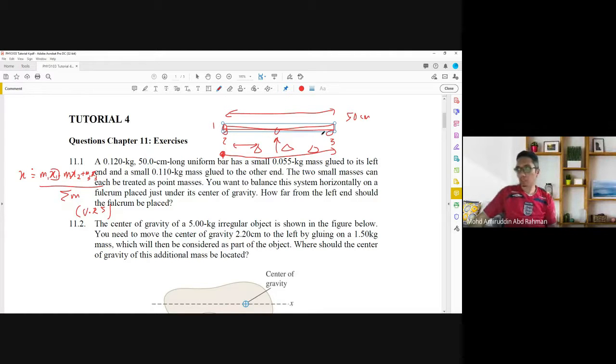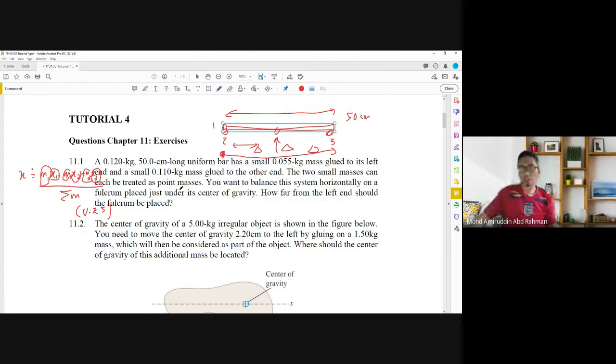Because it is at the end, so it is half of the center of gravity, so it's 0.25. Then this one will be 0.11, this one is 0.55 times 0, and this one is 0.12 times 50 times 0.5, and the summation of the mass is 0.55 plus 0.11 plus 0.12.